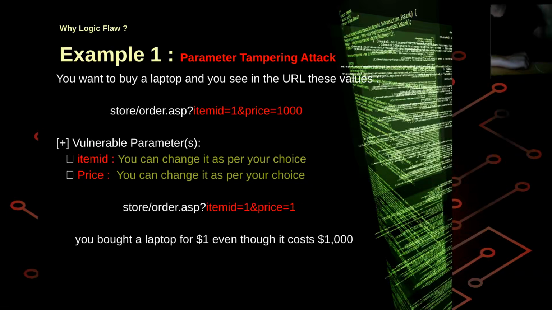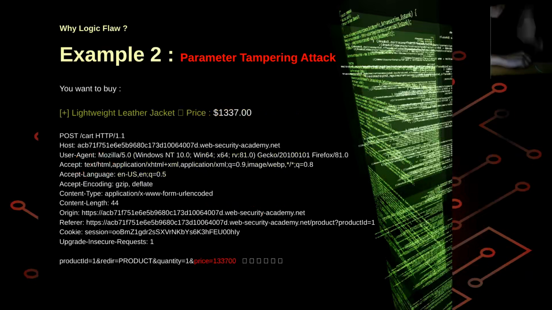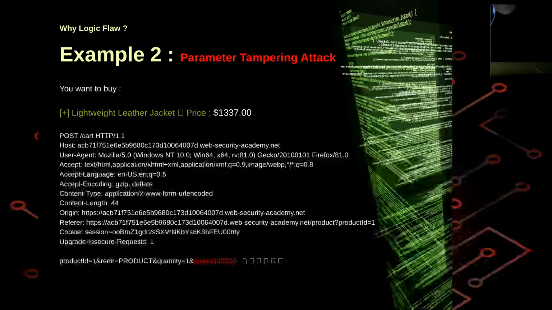So our example 2 is also about parameter tampering. If you want to buy a jacket with a price of 1,300, you intercept the request for the jacket purchase, and we see something interesting below.